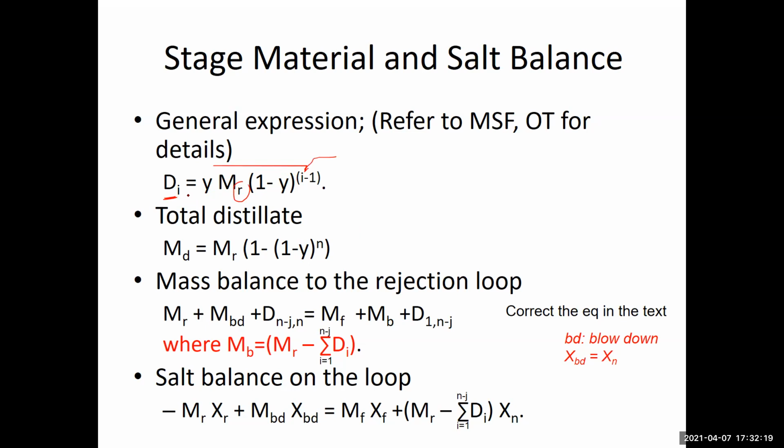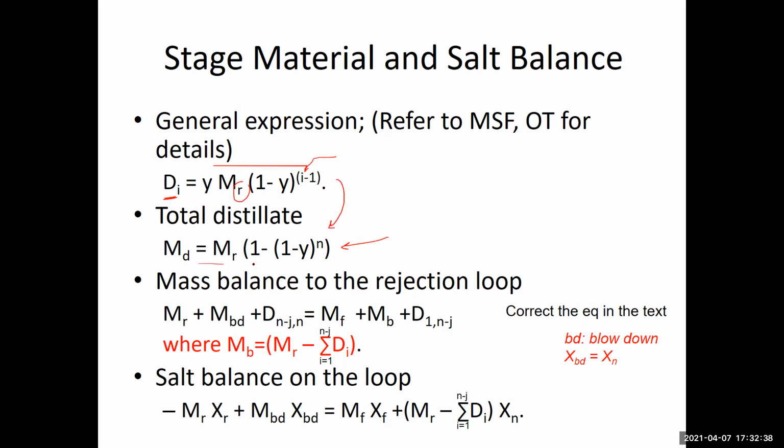If you are at stage number 10, then I is 10, so this is 9, and then you can get the value of D10 at one stage. The total amount of distillate, how it is related to the MR, is given here, which is a natural evolvement of this equation.